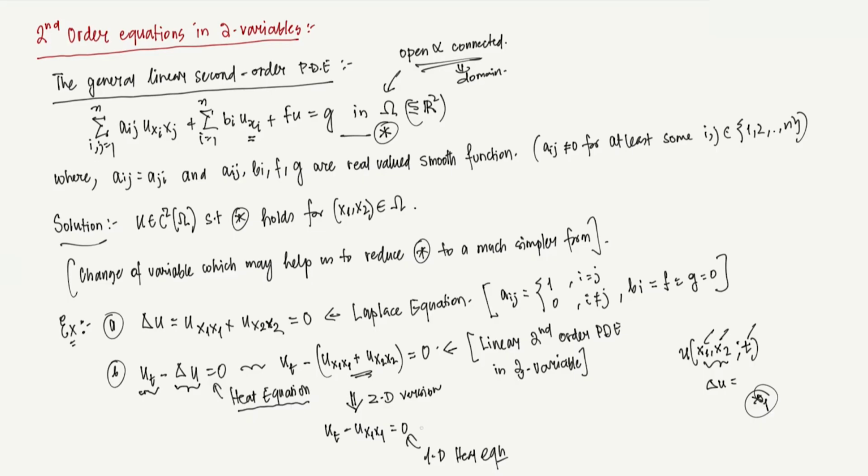And here, this is an example of a linear second order PDE in two variables, exactly similar to the form in star.